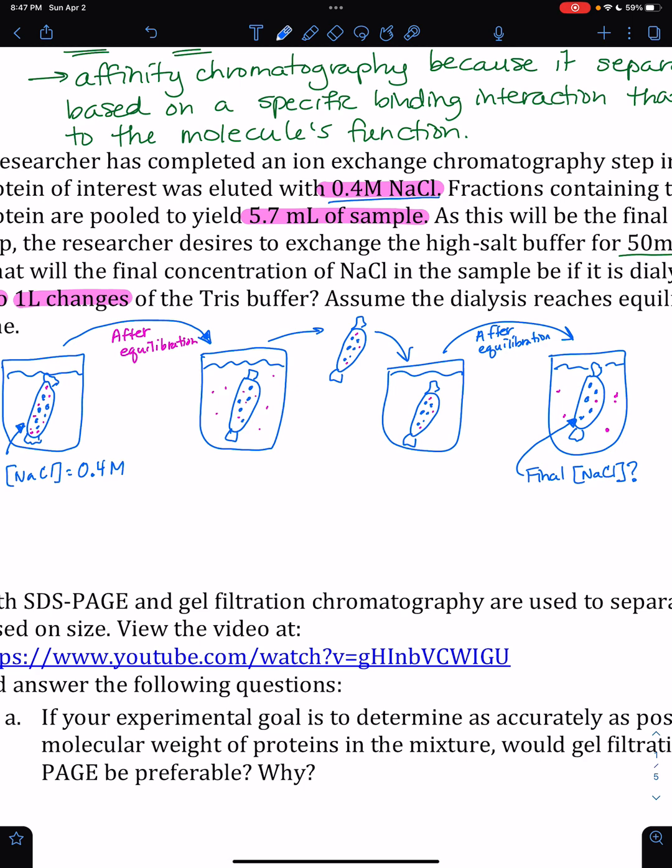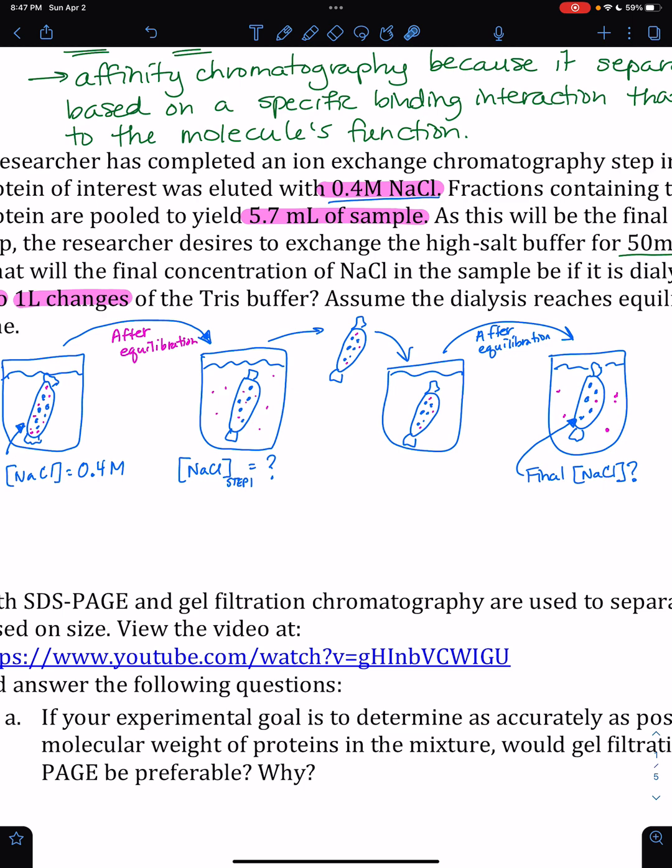Now, after I put it in the dialysis and some of those salt molecules move out here, I'm going to have a new salt concentration after step 1. So I'm going to call this after step 1. I don't know what that is. And then after step 2, that's going to be my final salt concentration.